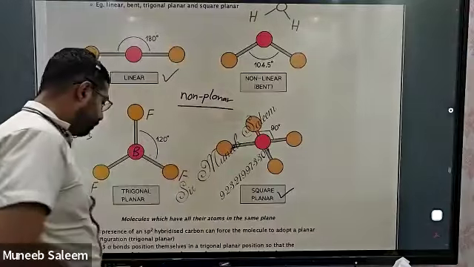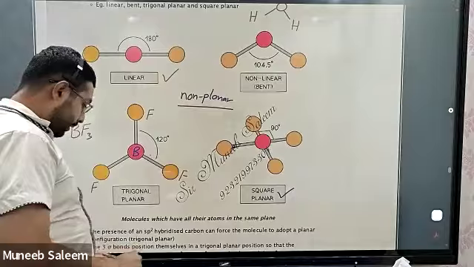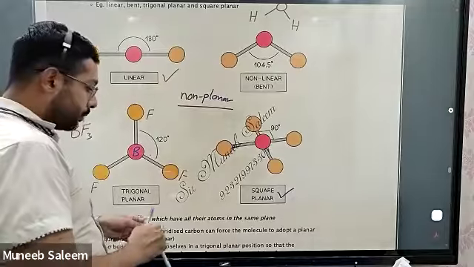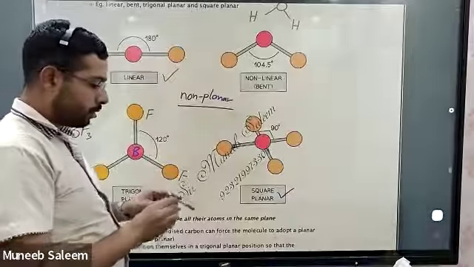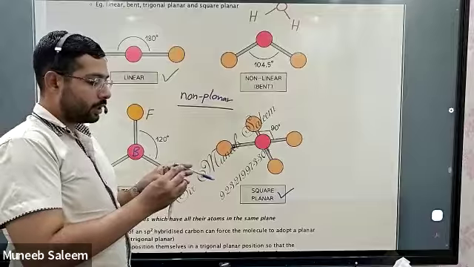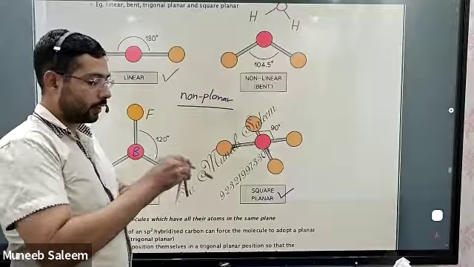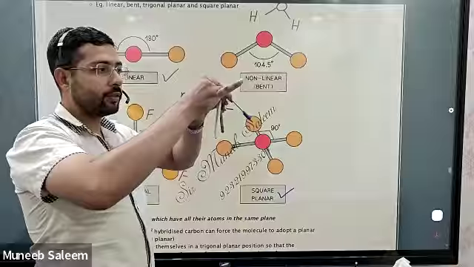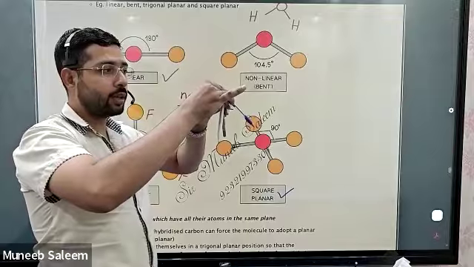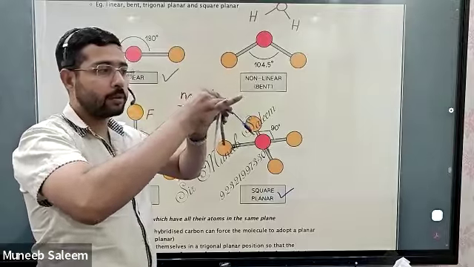By non-planar, it would mean that if we take the example of ammonia, let's suppose the atoms were bonded in this manner. They were present in this manner. Now you can see I cannot pass a single plane which can bisect all the three bonds at the same time.